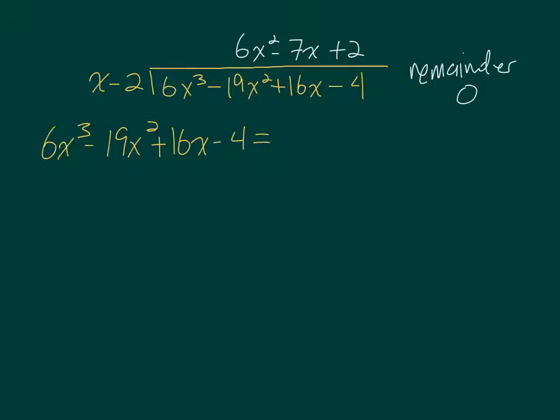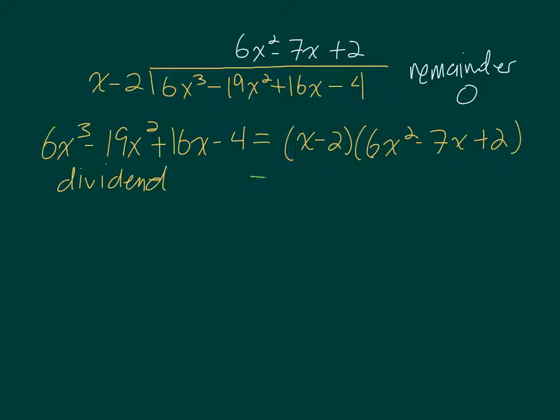That essentially got factored over into these two terms, x minus 2 and 6x squared minus 7x plus 2. So our dividend was factored into our divisor times the quotient.